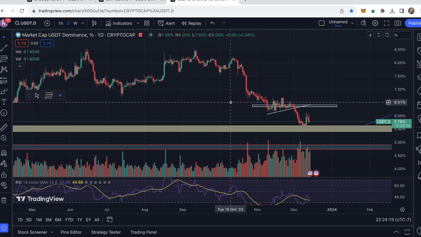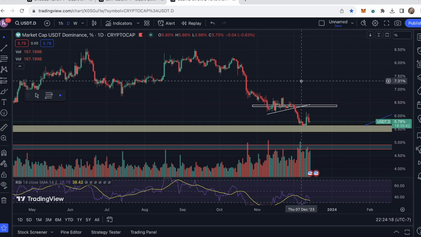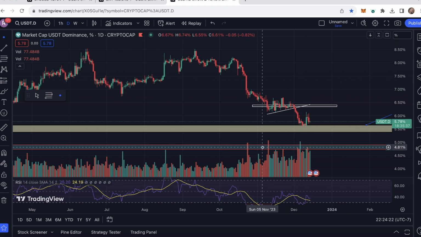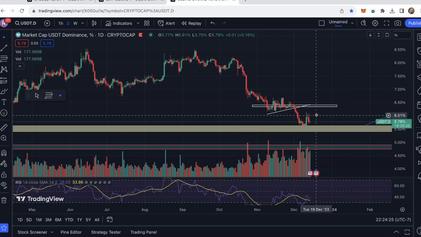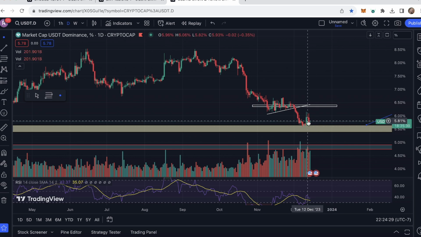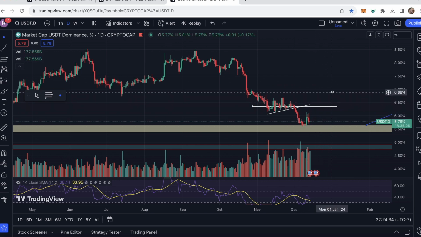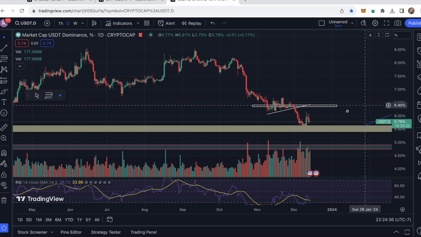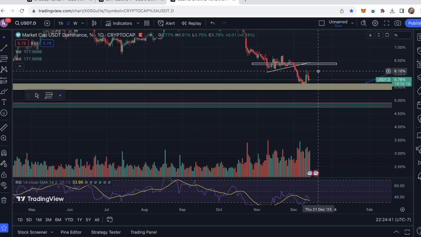So it could be altcoins getting sold and turning into USDT or Bitcoin. So when the dominance of USDT rises, that means there's a sell-off. Any other altcoins or Bitcoin turn into USDT, that's why the percentage goes higher. And if it goes lower, that means we are having a rally up.